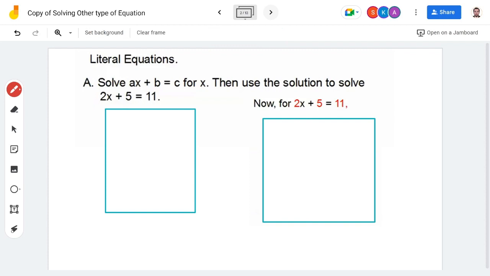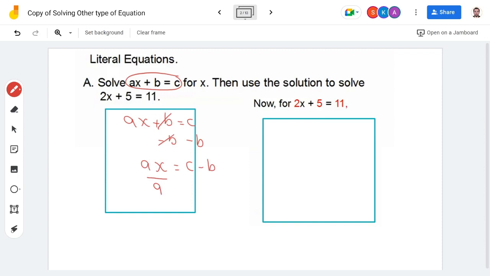First, let's start with the literal equation. Solve ax plus b equals c for x. Easy one. So we have ax plus b equals c. Subtract b from both sides: ax equals c minus b.